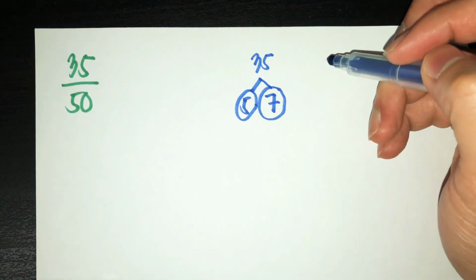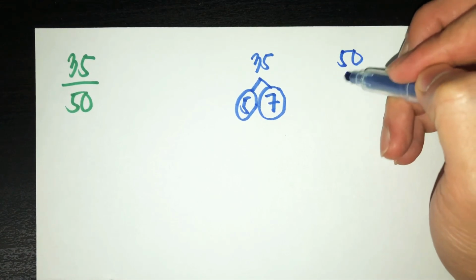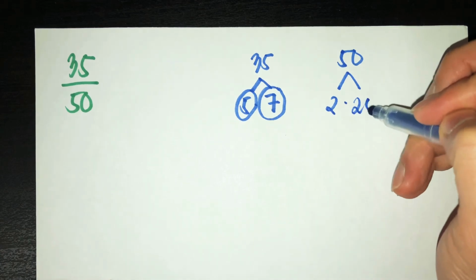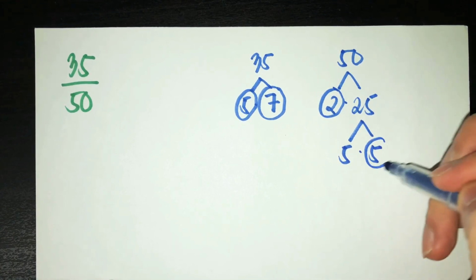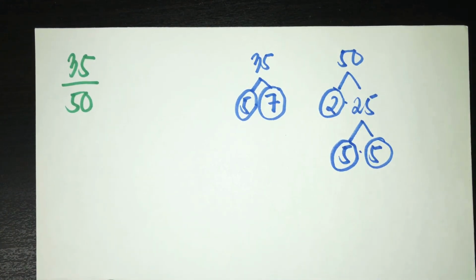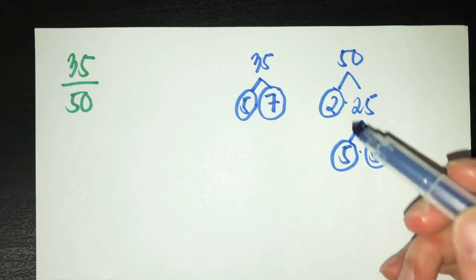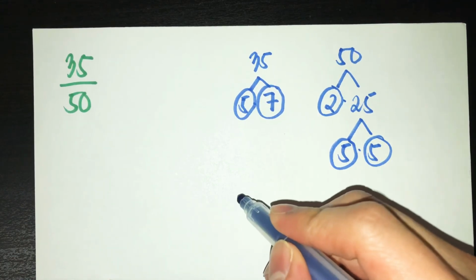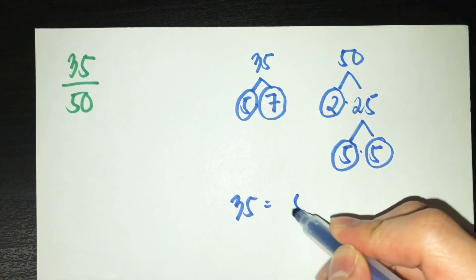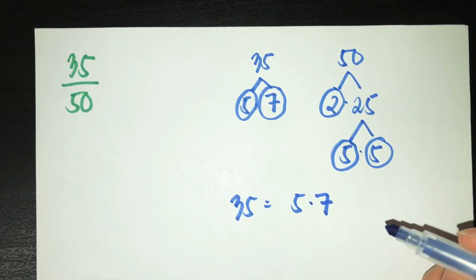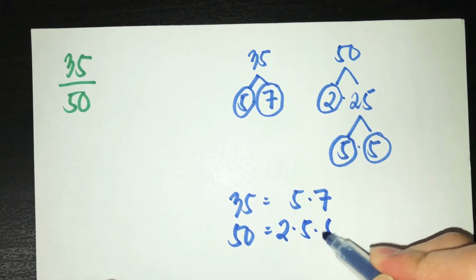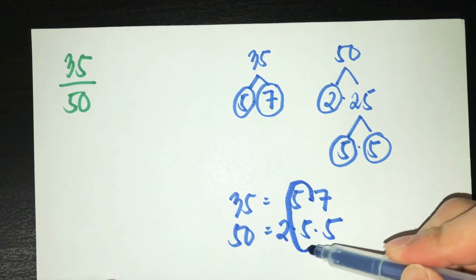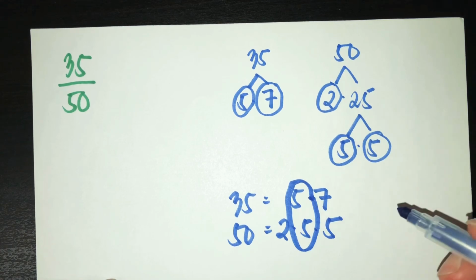Then for 50, we have 2 times 25, then 5 times 5. If we write this, 35 is equal to 5 times 7, and 50 is 2 times 5 times 5. The common factor is 5, so the highest common factor is 5.